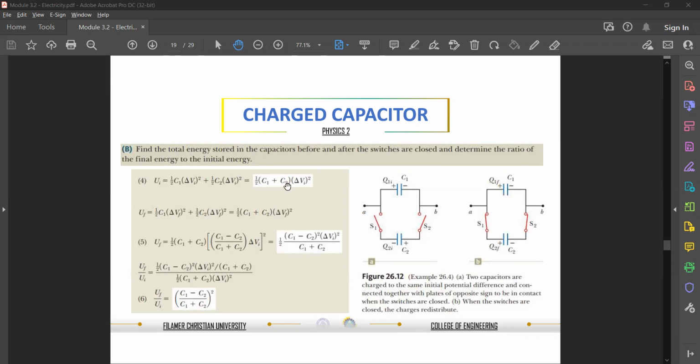Okay, so this is just the ratio. So cancel out lang yung mga common formula. Then matitira dito is ito. Ayan. So that is C1 minus C2 divided by C1 plus C2, squared. Or that is your ratio of the final energy divided by the initial energy. Ayan.